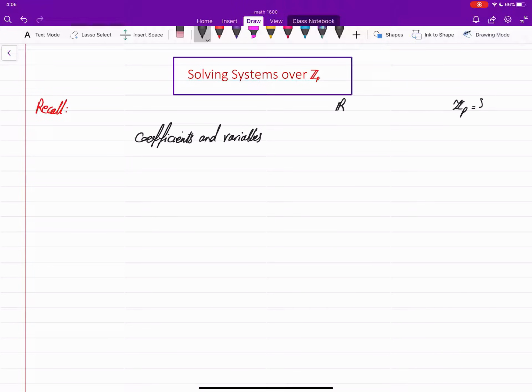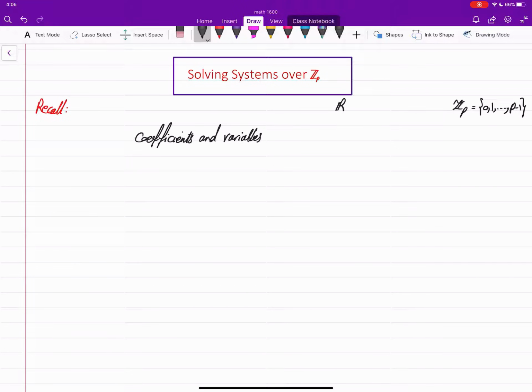Remember, integers modulo prime numbers have only a finite number of elements, and you can add and multiply, everything is modulo p, that prime number.